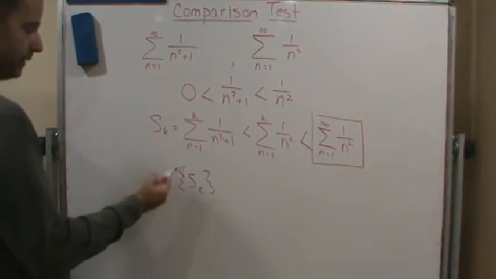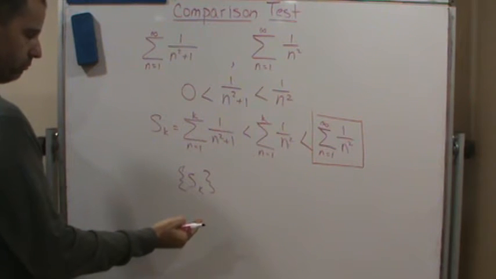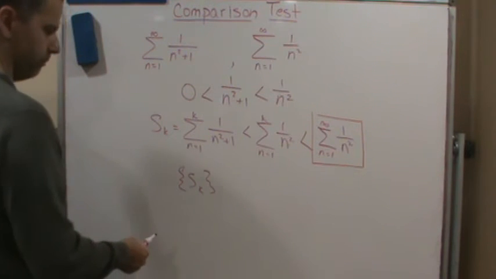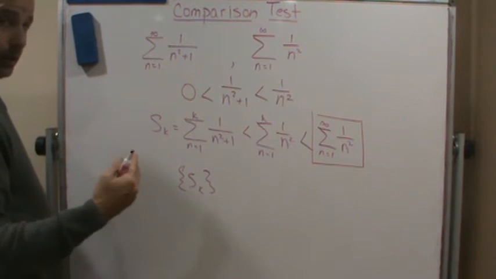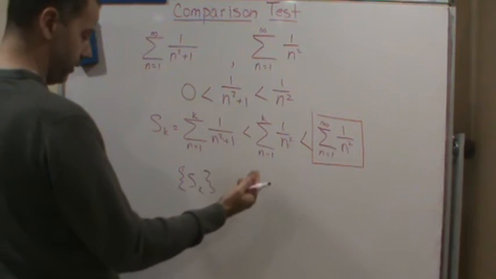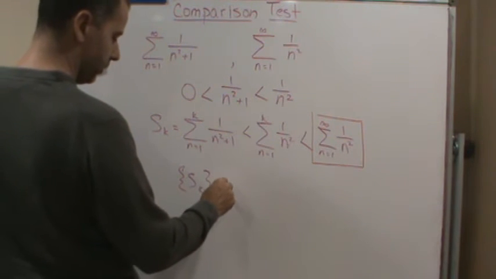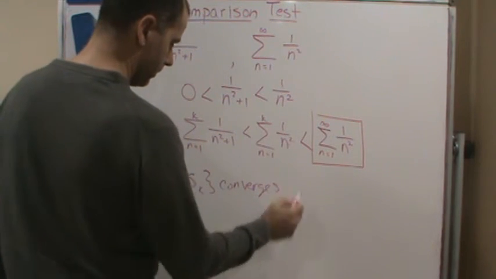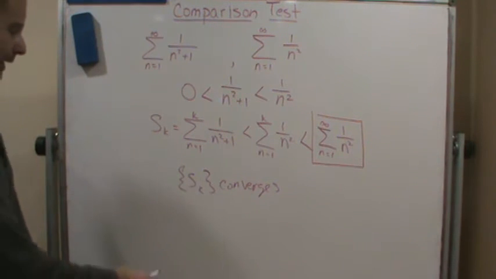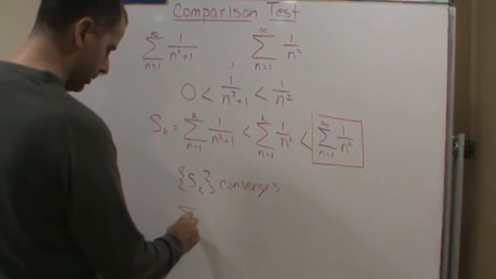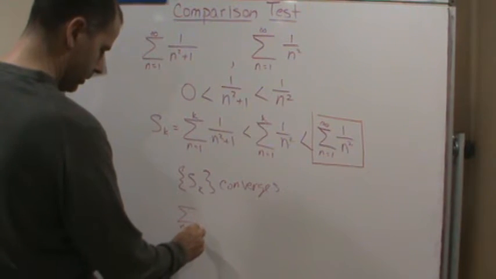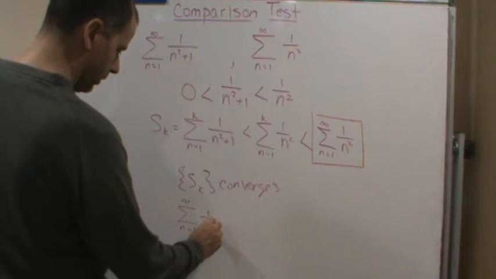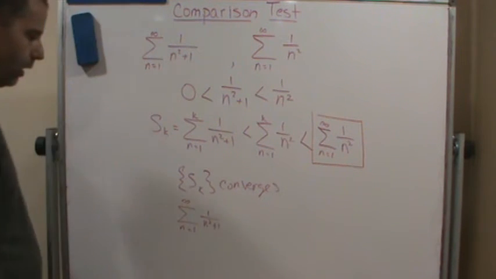It's a positive increasing sequence, and it's bounded from above, and therefore, by the monotone convergence theorem, this also converges. Which means that the infinite series also converges.